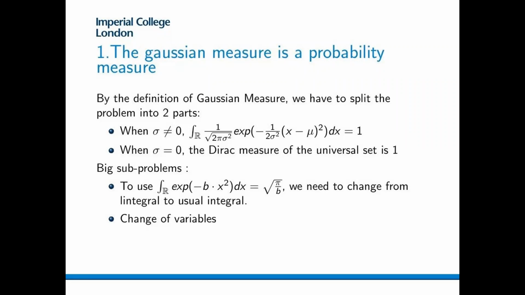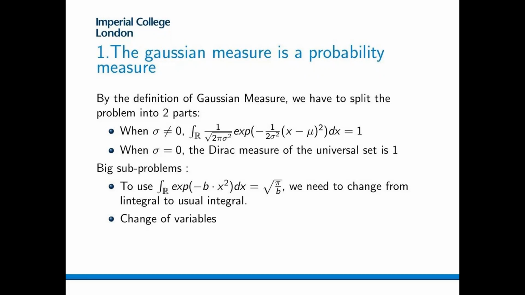When the standard deviation sigma equals 0, by its definition, our Gaussian measure is defined to be the Dirac measure, and we need to prove the Dirac measure of the universal set is 1. This is really simple in Lean, because it's just done by definitions. We just rewrite our measure into Dirac measures and everything follows.